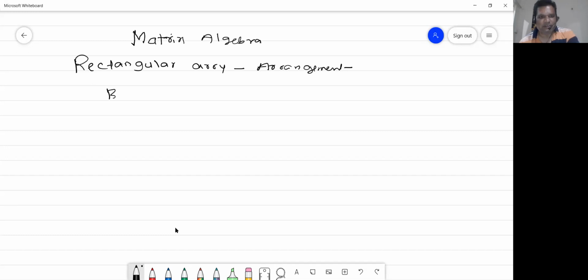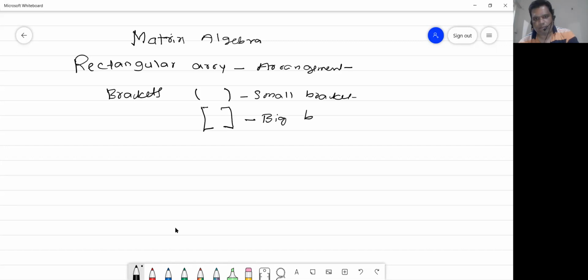So brackets are nothing but this, which is called a small bracket, this is called a big bracket, this is called a flower bracket, and this is called a line bracket or vertical bracket.